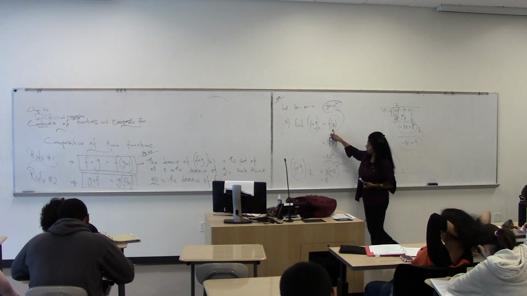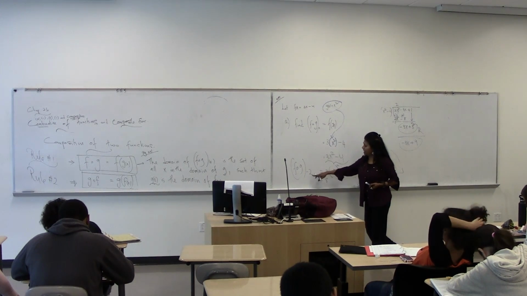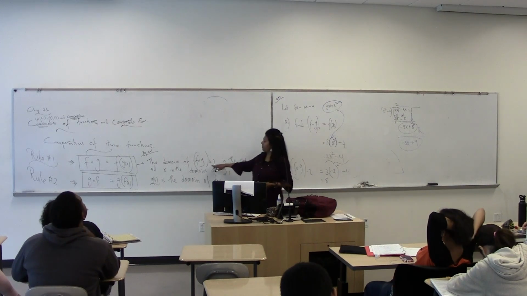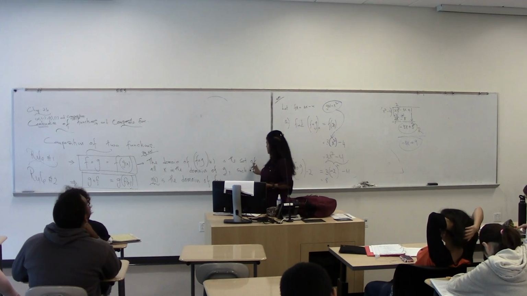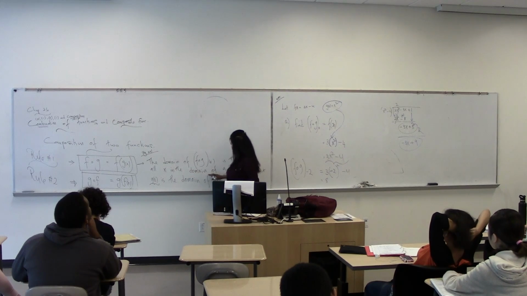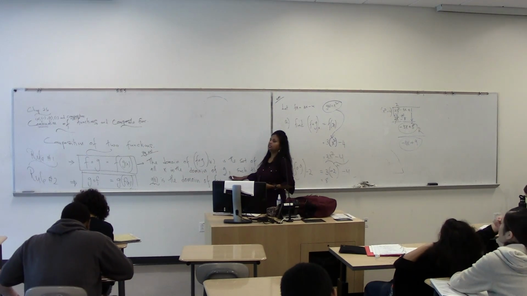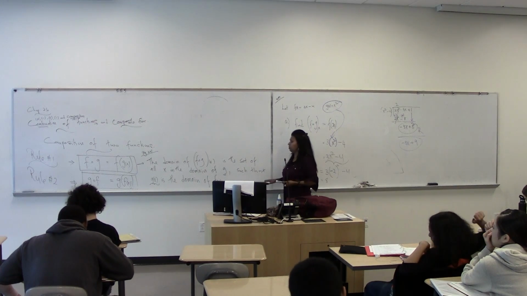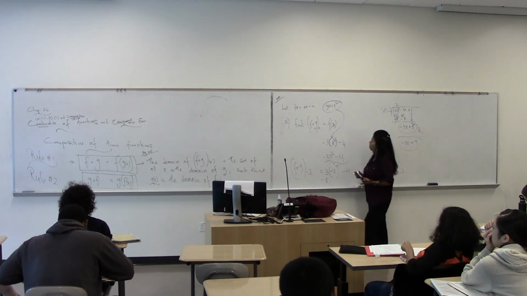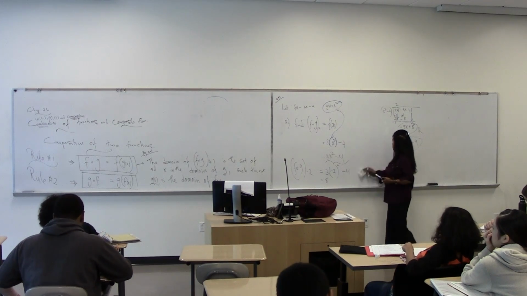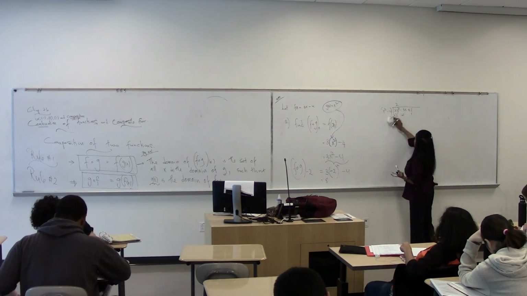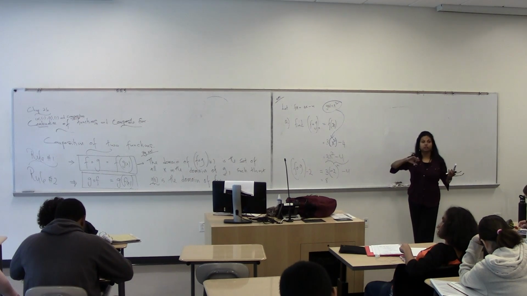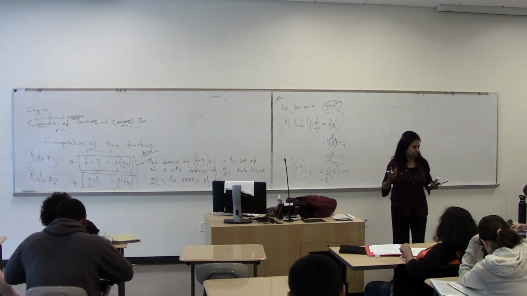Okay, so we were talking about the domain. If you ask the domain of this function, what does this rule say? The domain of f composition g of x is the set of all x in the domain of g such that g of x is in the domain of f. So what's the domain of g here? -infinity to positive infinity. We have talked about domains, and you already know how to find the domain of a lot of functions.